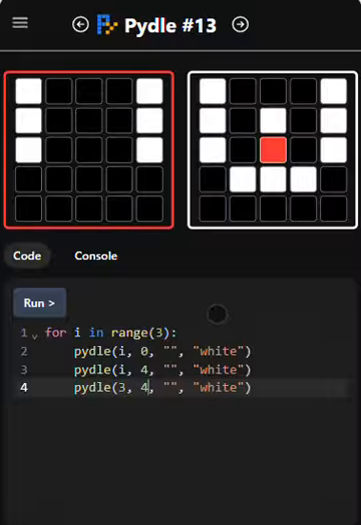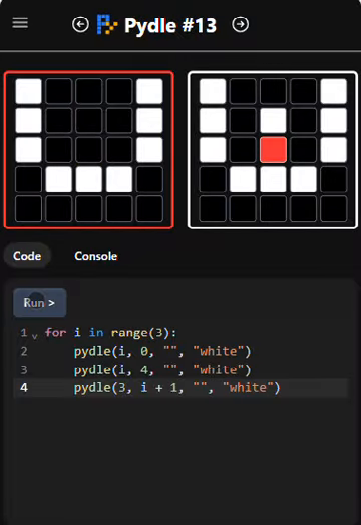That's the index. It misses the first cell, so we need to do i plus 1. And it needs to be white. Okay, so that is the outline of the head and the upper body.